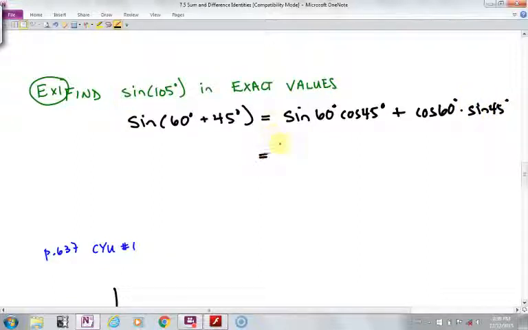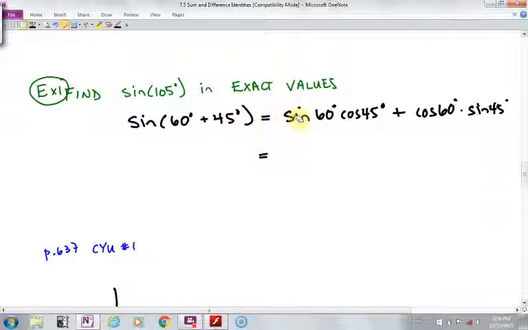Okay? And that is the identity on your sheet that's sine alpha plus beta. That's what we're looking at there. So any angle that I can make as either a sum or a difference of special angles, I can now find the exact value for. So I've just added to your workload there.